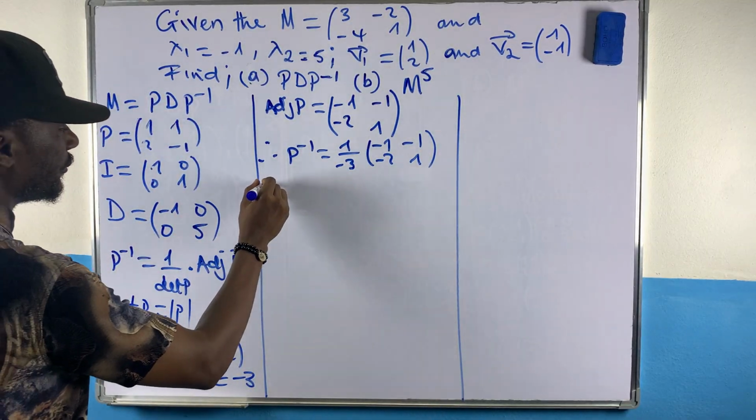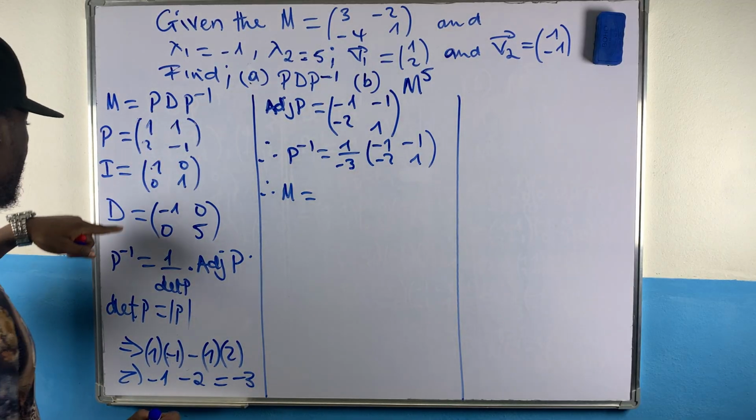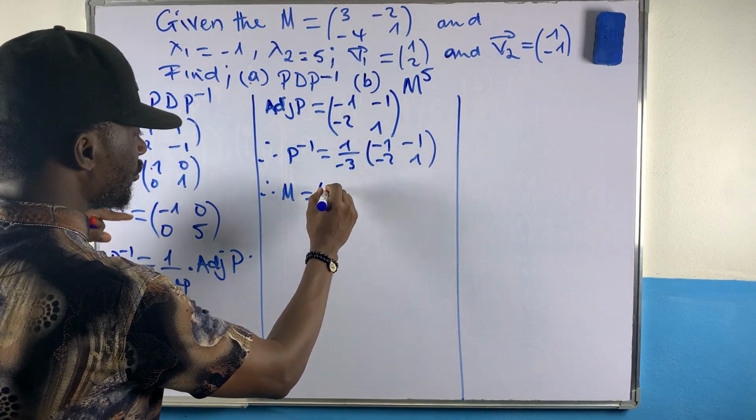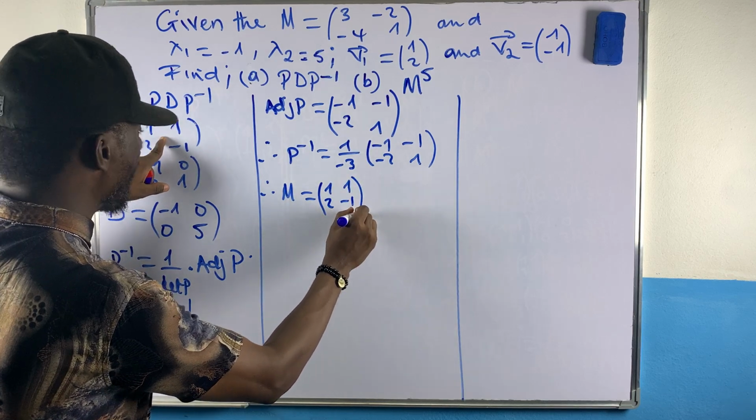So therefore, my matrix M will be equal to PDP inverse. This is our matrix P here, 1, 1, 2, negative 1.